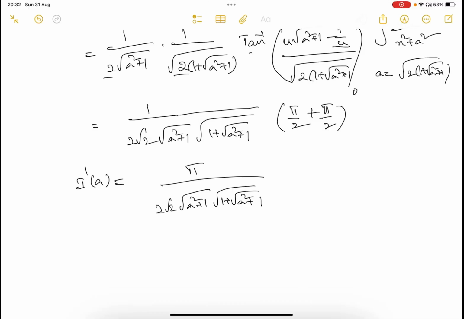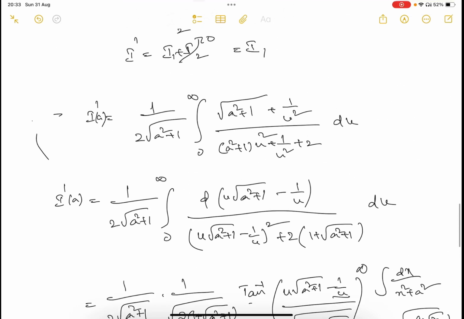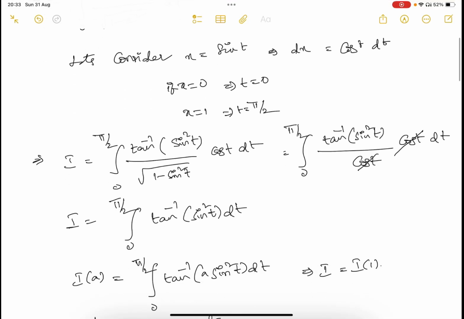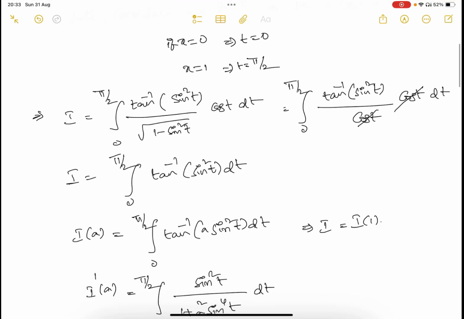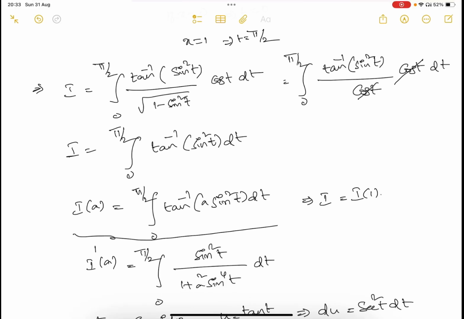So finally we need to figure out what is I of a. We need to integrate I dash of a. What about the limits? Here, in the beginning, we have considered I of a as a function of a into tan inverse of x square by root of 1 minus x square.